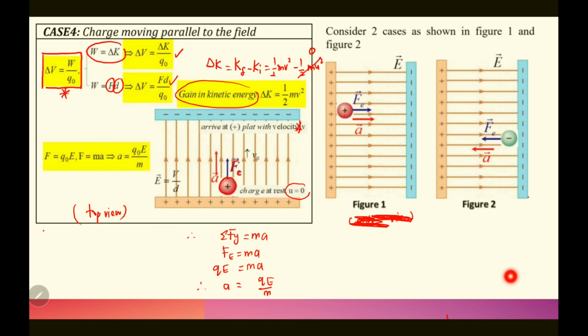For this motion, we can write total Fx equals Ma, where F is the electrostatic force, so QE equals Ma, and a is equal to QE over m. Okay? The same goes for this one, we have a equal to QE over m. Before we proceed to the examples, I want to highlight how it looks if we look at this plate from the side view.